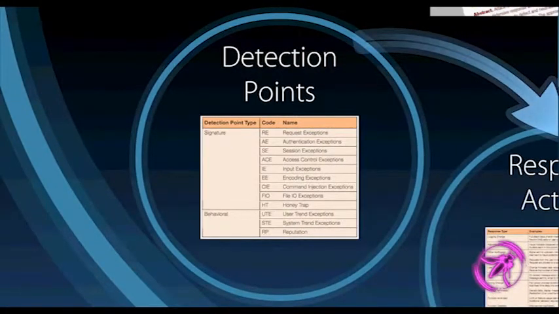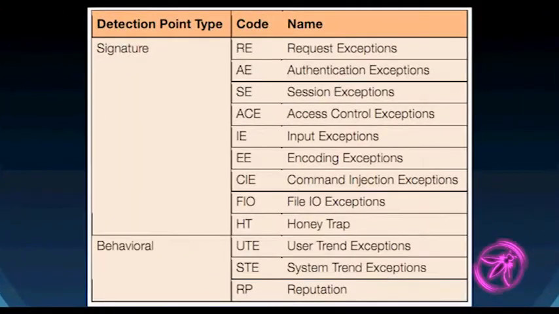So detection points, what are these really? The way that I would explain this, if you were going to talk to developers and sit down at the table and try and figure out how to implement this, is all the places in the code that they're probably already going to be writing exceptions for, where they're checking stuff, right? If this, Boolean, yes or no, then do something. And they're probably already going in there to write an exception.